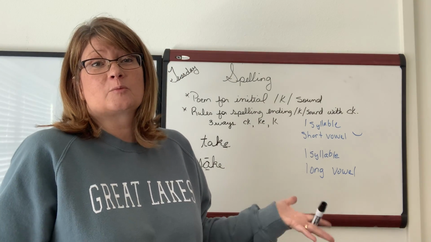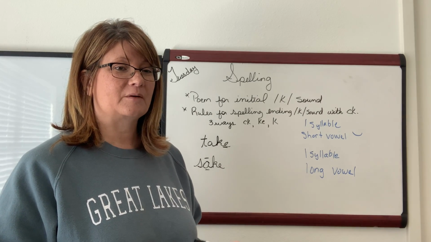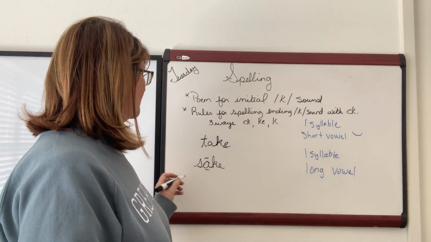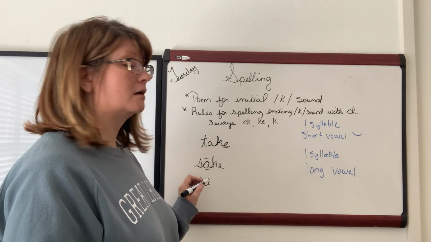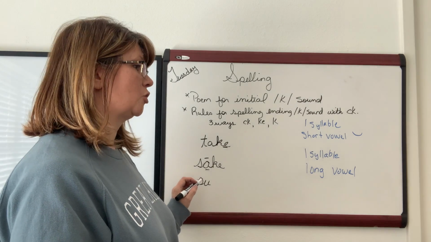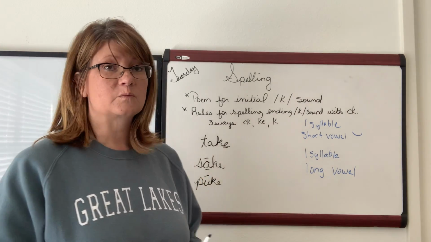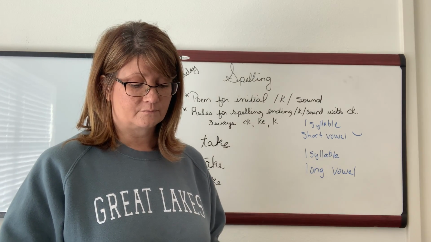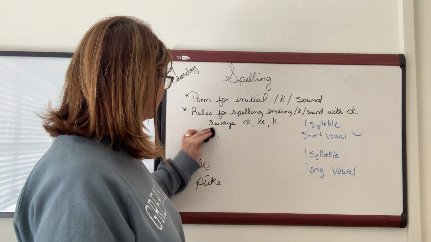When you get sick to your stomach, you puke, right? No giggling, I want you to spell it, puke. All right, so I have the P, and I have the U, and is that a long or short U? It's long, so I'm going to use the K-E, so I have the E on there to make it long.